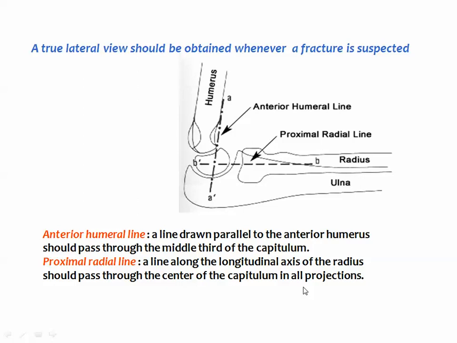One of the helpful signs on the plain X-ray is to draw these lines on the lateral X-ray of the elbow: a line going through the axis of the radius, and a line tangential to the anterior cortex of the humerus. Both lines will intersect the midpoint of the capitulum in normal conditions.